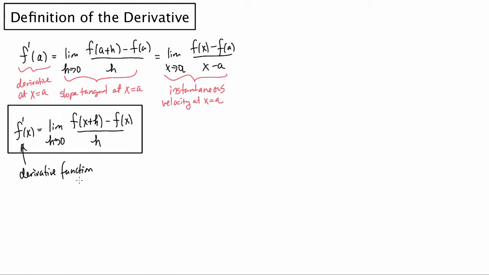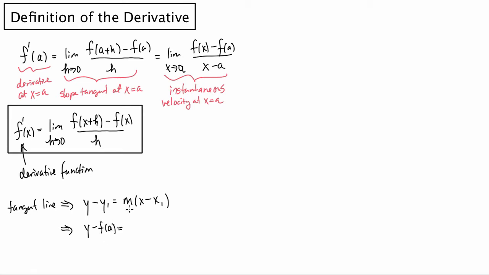Now, one other thing I want to add to this is if we think about our tangent line, it uses the point slope form, so it's y minus y1 equals m times x minus x1. And if we really think about this, we can replace a lot of these values with function values. For example, the point y1 is the function evaluated at a.